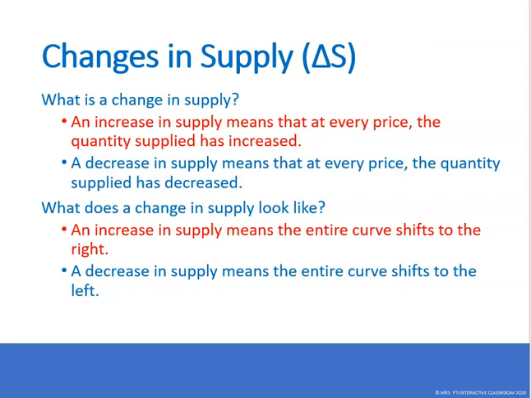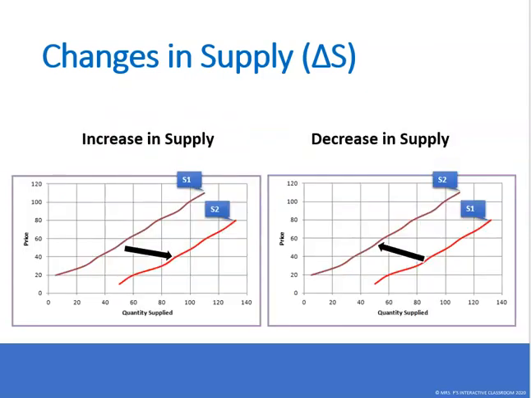Okay. What does a change in supply look like? An increase in supply means the entire curve shifts to the right, whereas a decrease in supply means the entire curve shifts to the left. And this is an example of that. On your notes, you're going to have to move your little pieces here, which are an S1 and S2, and then some arrows.